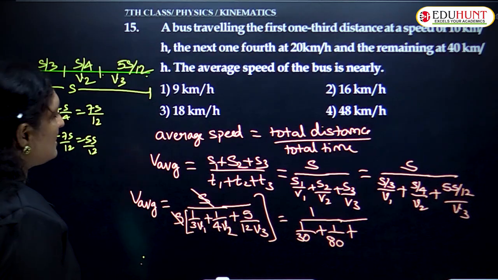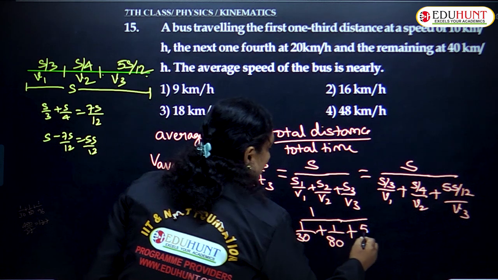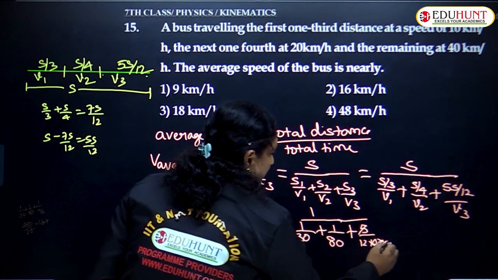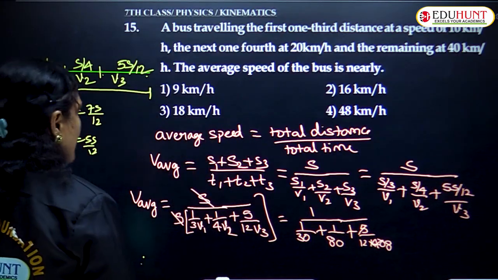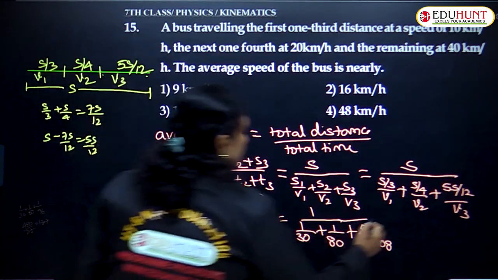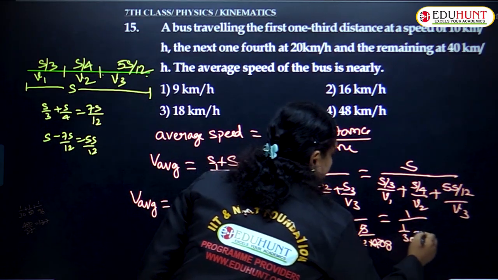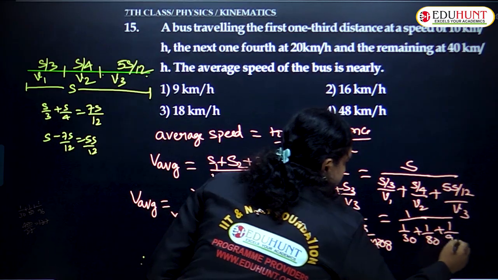What is the value of V3 given? 40. So this is equal to 5 upon 12 into 40. 8 5s are 40. So we have this as 96. So this value will become 1 by 30 plus 1 by 80 plus 1 by 96.